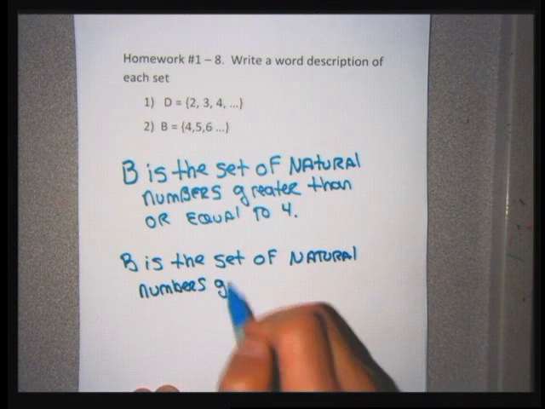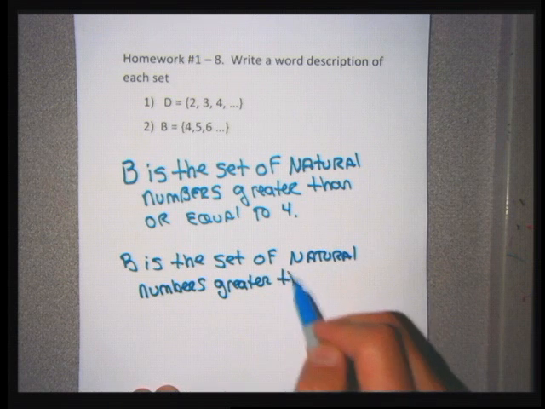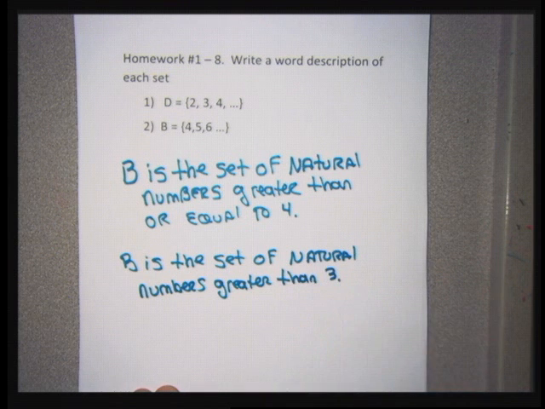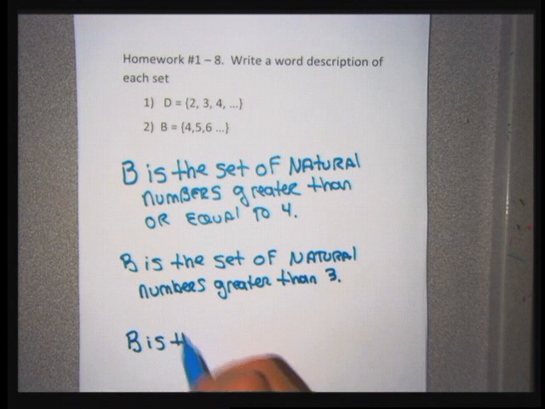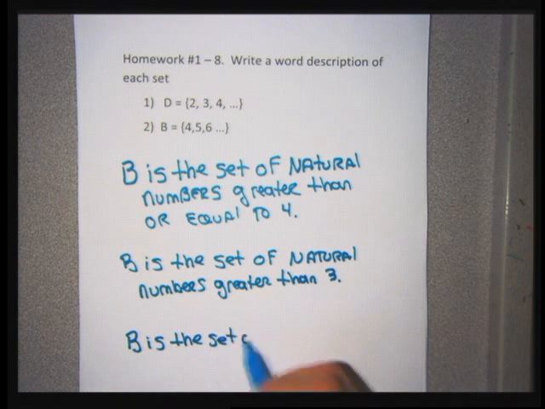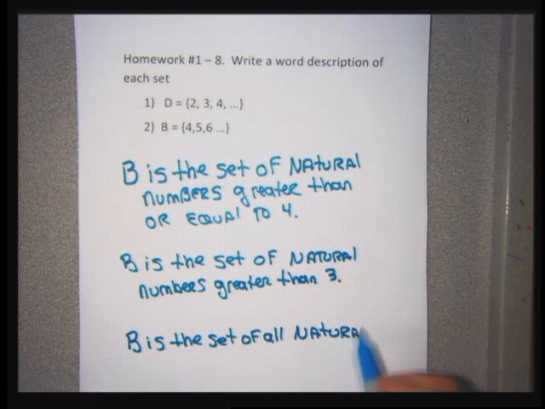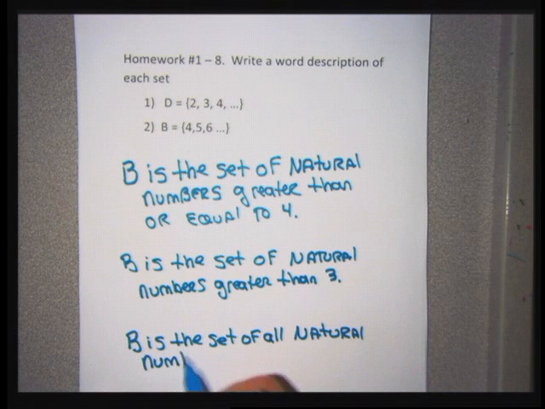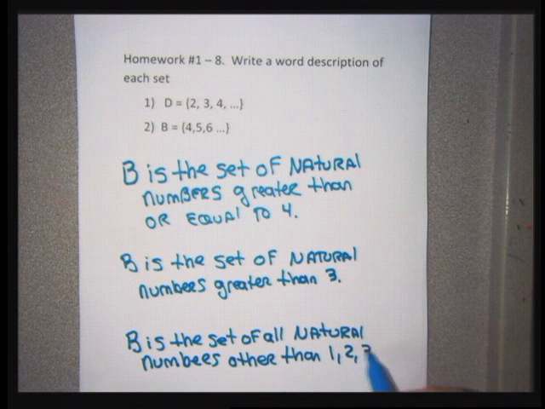If I want to do something a little bit different, just to give you something kind of out of left field, I'll do that here in a second. So again, you only need one answer. Here are 2 such answers. Here would be another answer, a kind of funky answer in some sense, but it would be correct. I could say B is the set of all natural numbers other than 1, 2, and 3.